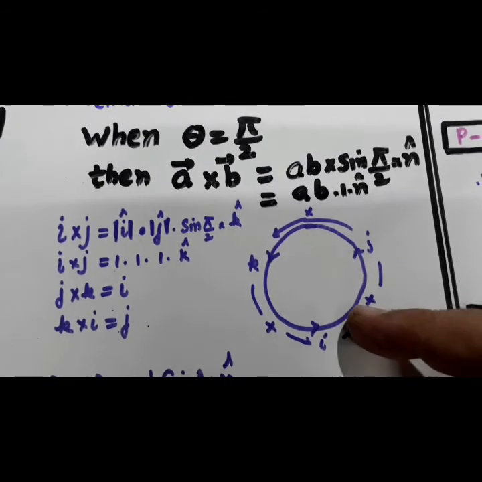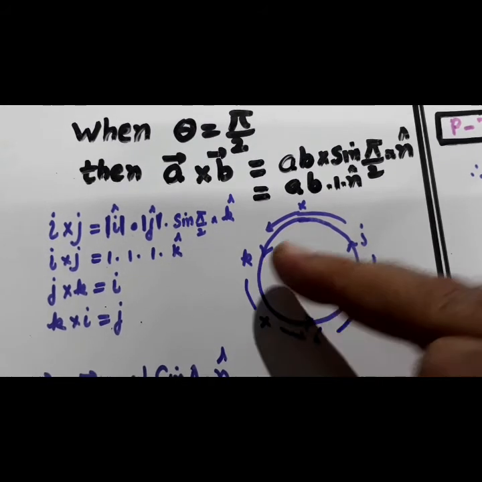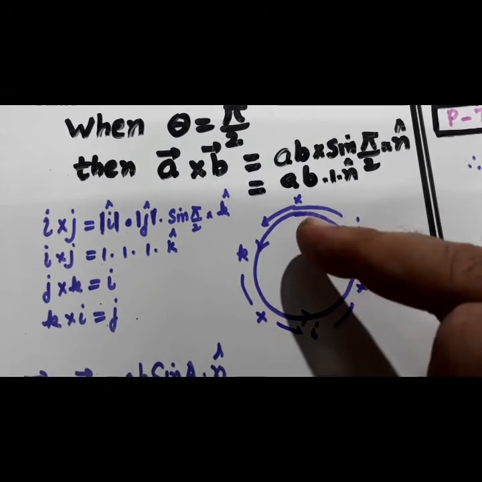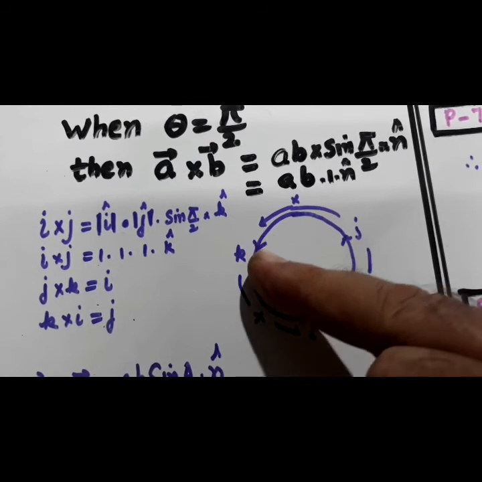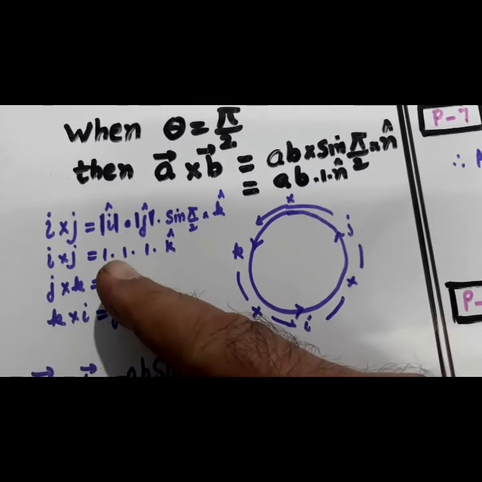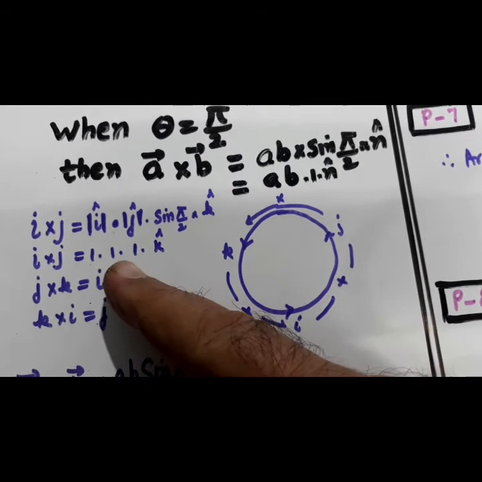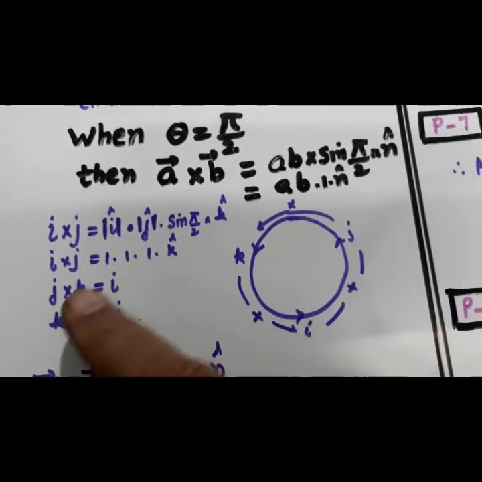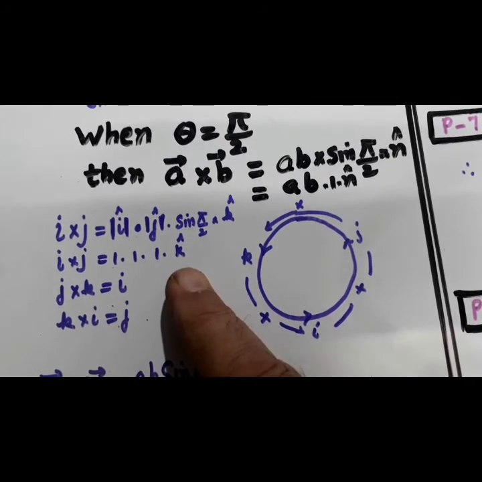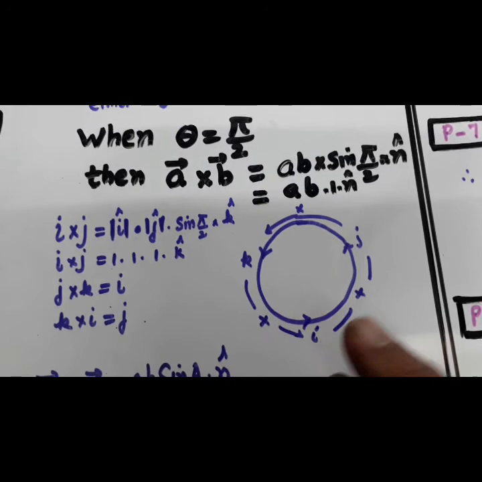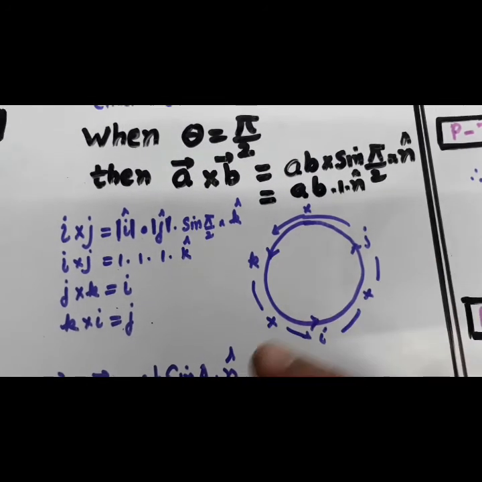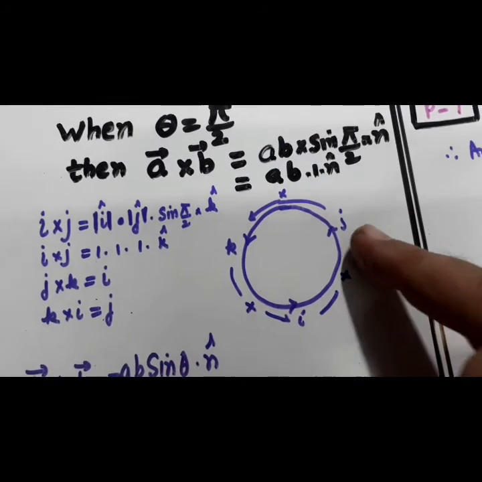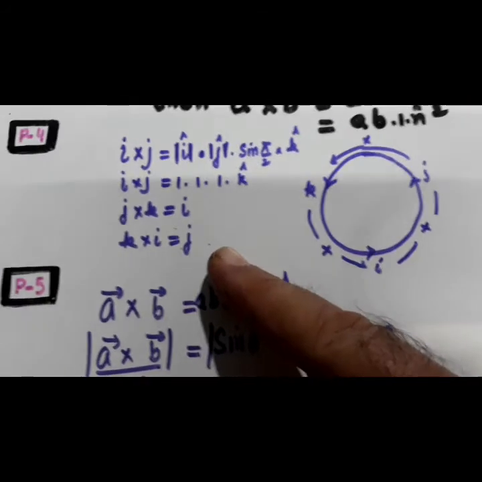So I cross J is equal to I J sin 90 pi by 2 into k कैप. So देखिए I का मैग्नीट्यूड 1 है, J का मैग्नीट्यूड 1, sin 90 1, k. So I cross J is equal to k. नेक्स्ट वाला आ जाता है: I cross J is k, J cross K is I, and K cross I is J. So this is how they have been written.